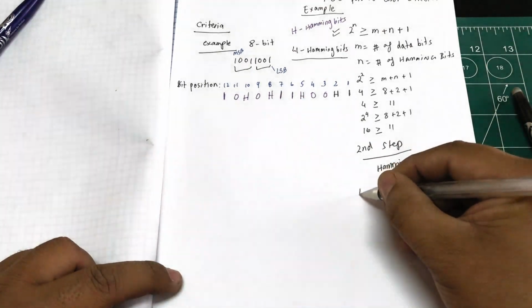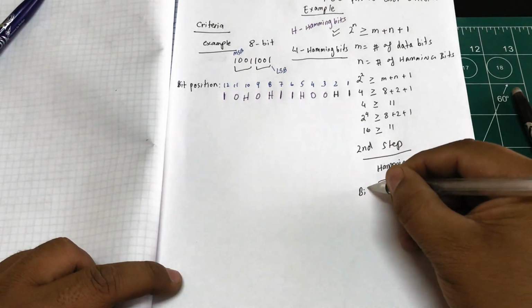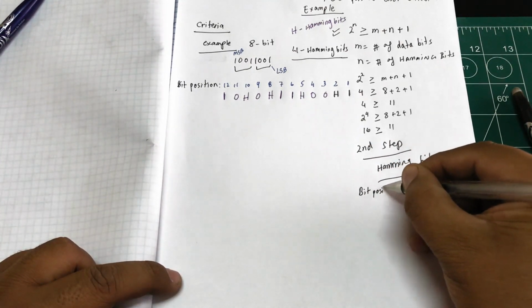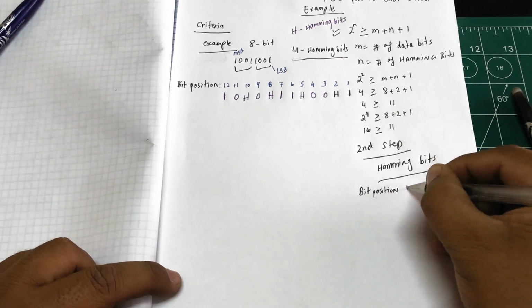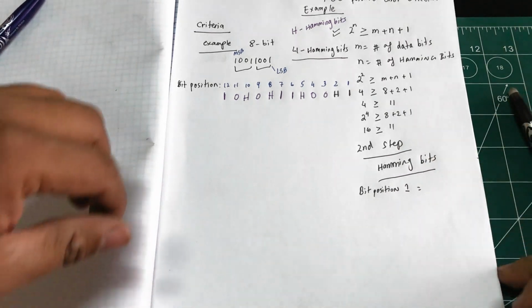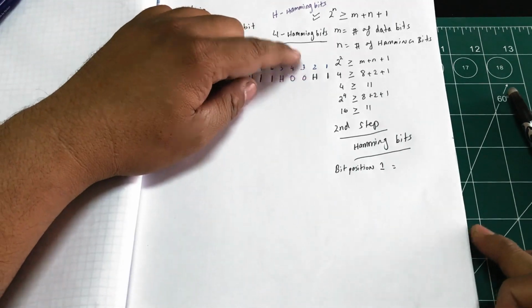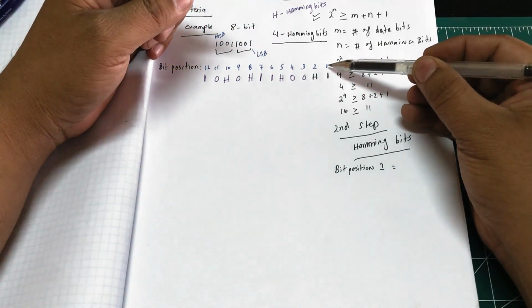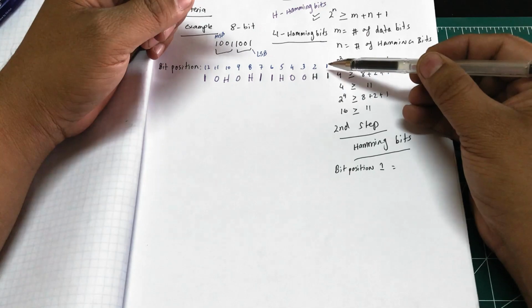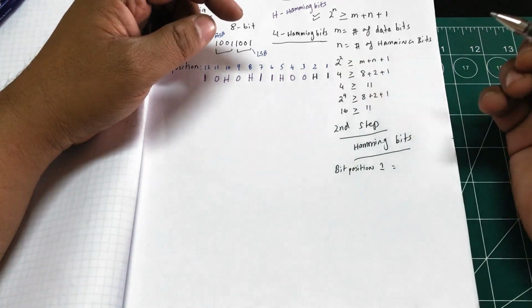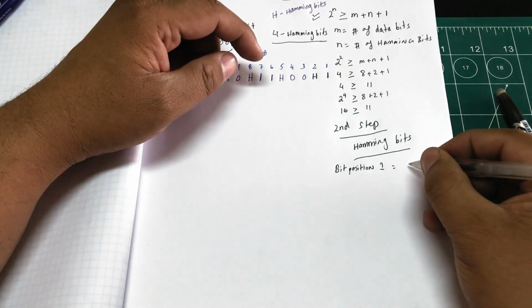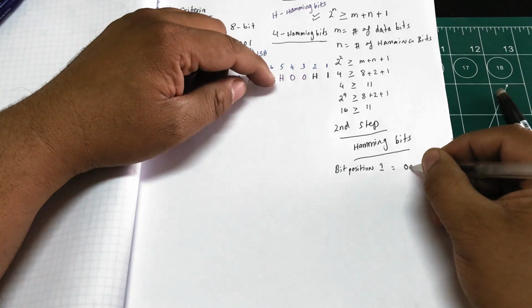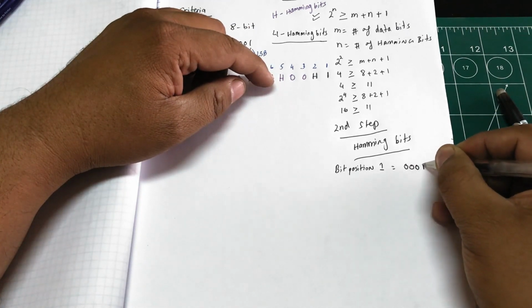So I'm going to write bit position 1, and I'll convert that into 4 bits. What is the representation of 1 in binary? It's going to be 0 0 0 1. So bit position 1 is going to be 0 0 0 1.